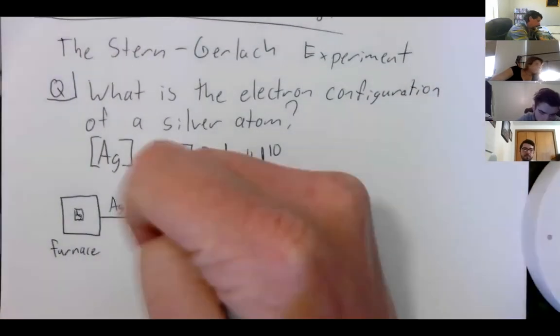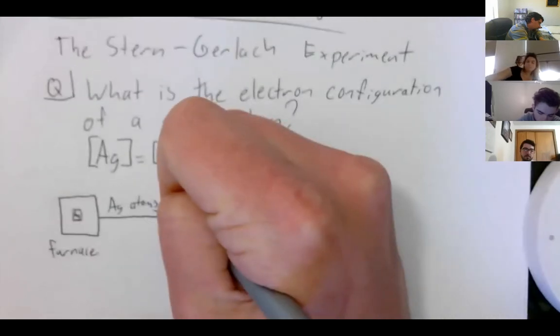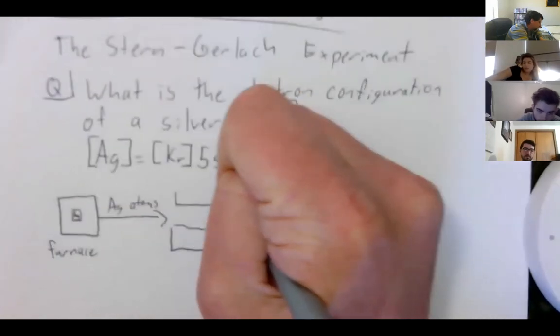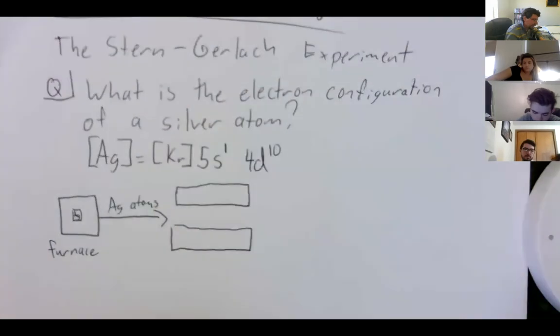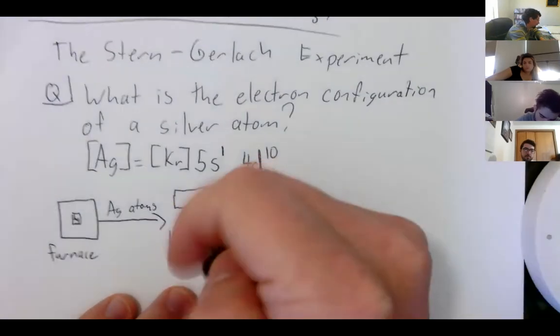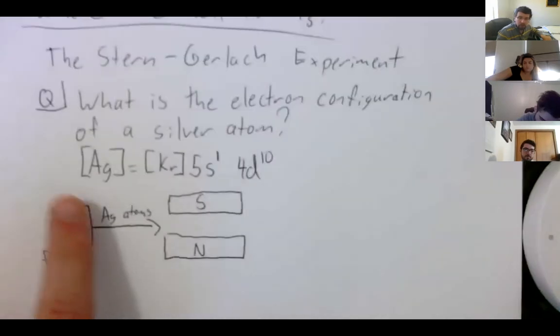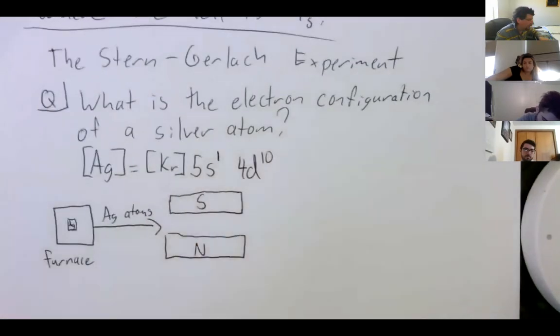What they did next was they had a magnetic system in here, where the field would remain somewhat consistent, north and south. And what they would do is the silver atoms would travel through that.